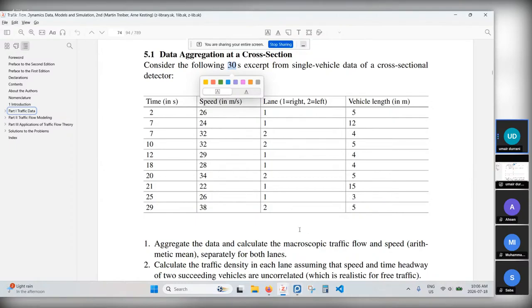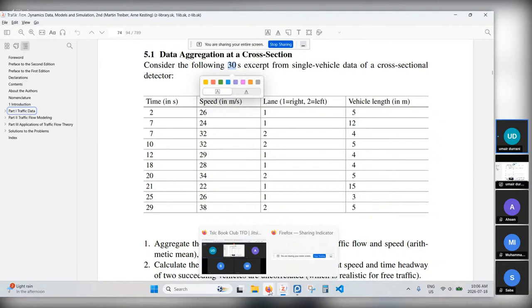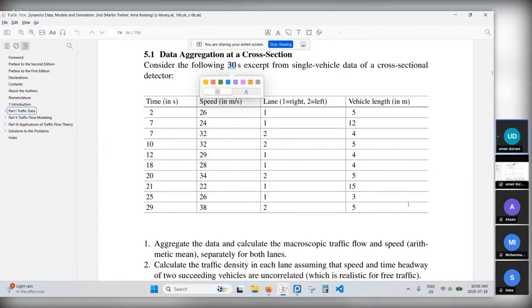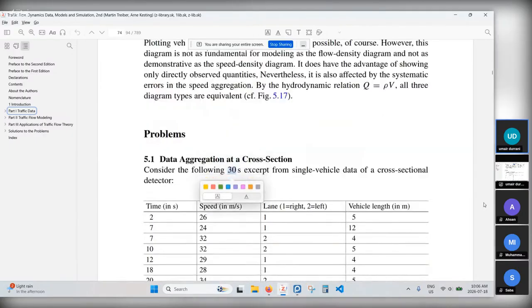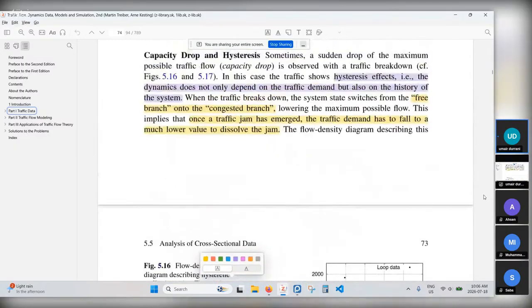If you remember from our previous discussion, there were 2 sections about the estimation of density. One section was about estimating for stationary conditions, and the other one was for estimating for non-stationary conditions. So for stationary conditions, we can use rho equals Q over V. Actually, let me scroll up here and show you that part.